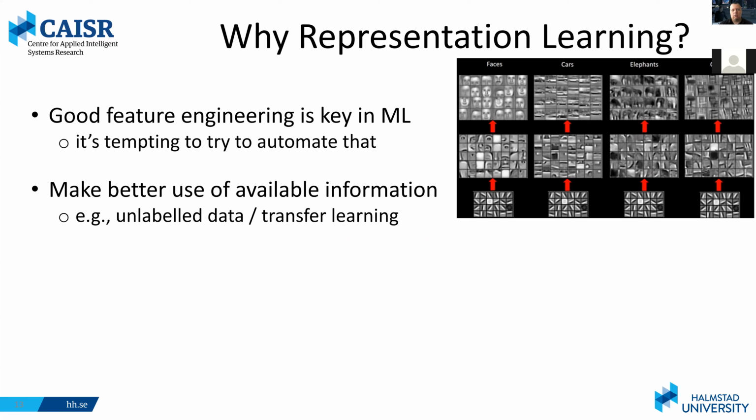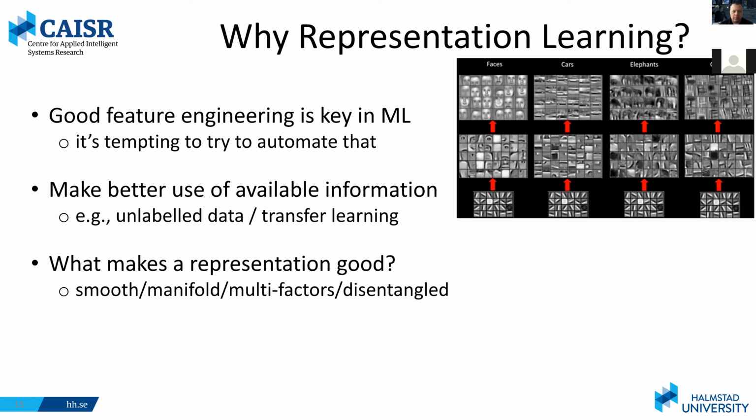And then, of course, the question becomes, what does it mean for a representation to be good? What kind of properties do we want in order to really be able to say that we now have a good representation, have been able to learn it and so on.